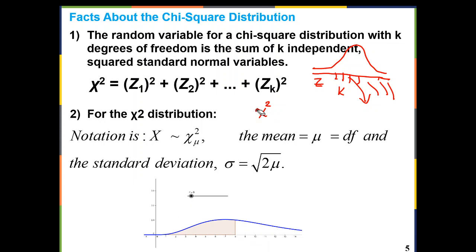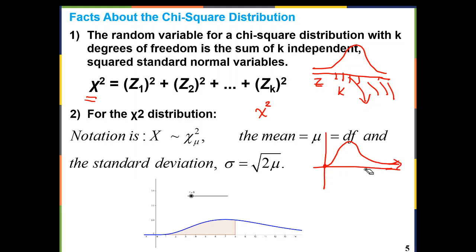These are normal numbers, and you square them and add them together. So obviously this number is always positive, right? That explains why the chi-square distribution always starts from 0 and is skewed to the right.